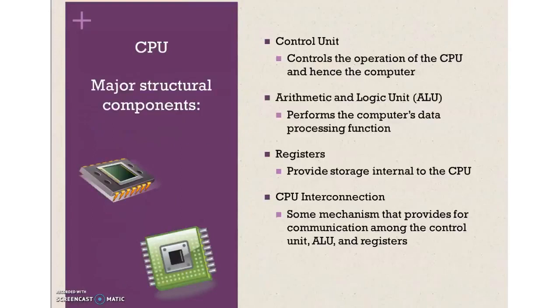The most interesting and in some ways the most complex component is the processor. Its major structural components are as follows: control unit, arithmetic logic unit, registers, and CPU interconnection.